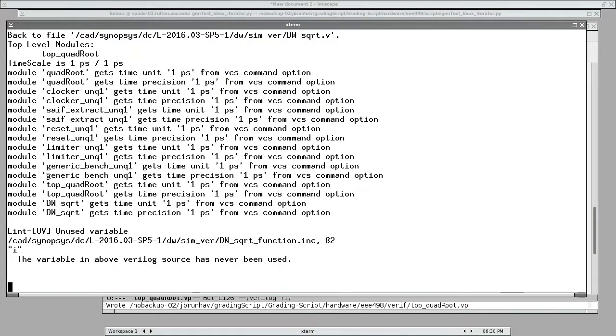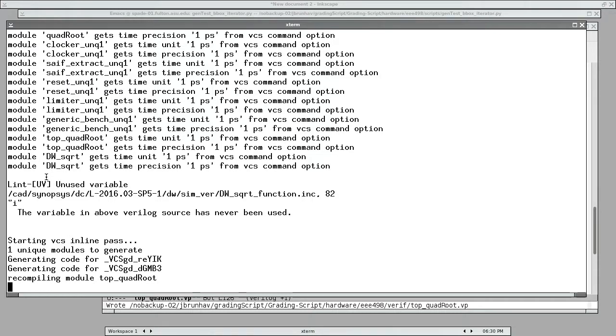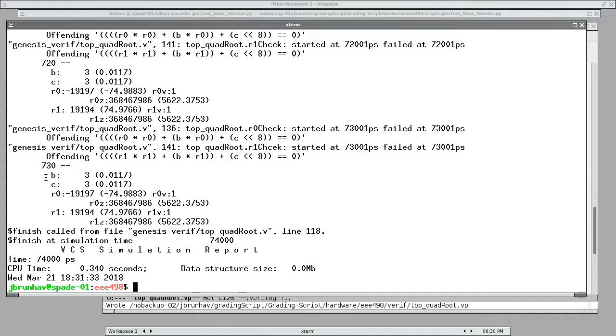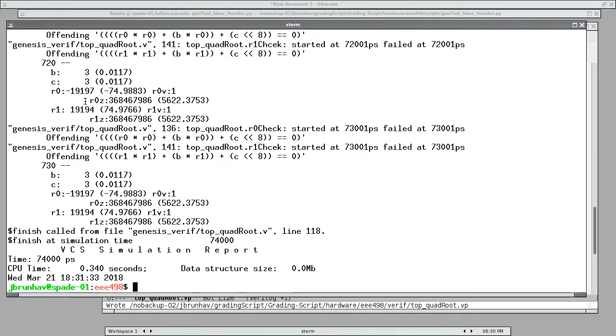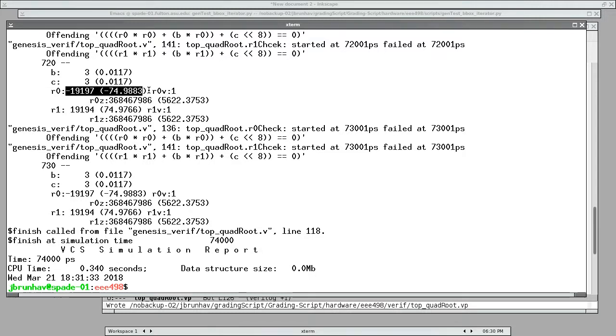I suspect it might be caching things. Okay, good. So now we have what we expect. So it's giving us a negative number. You know, we know that that's not true.